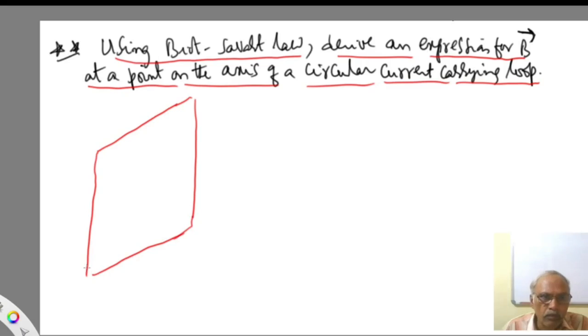In this plane surface, there is one coil, a circular coil, like this.